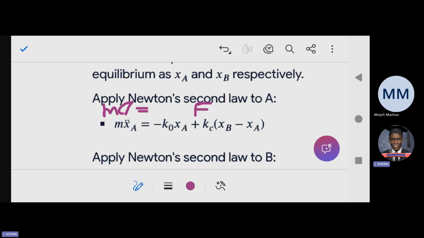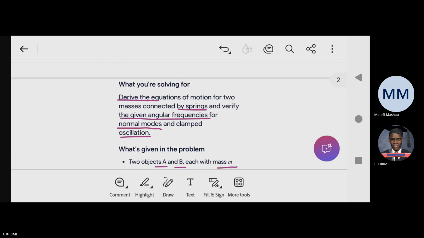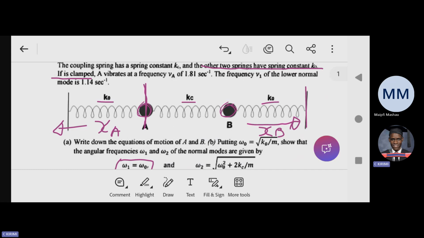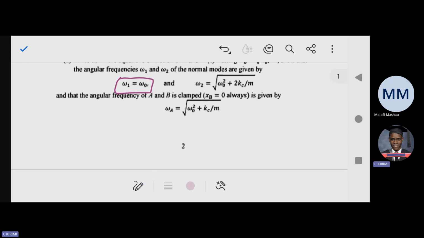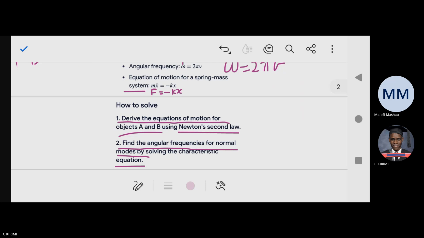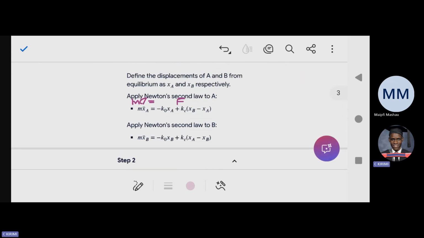Now they are saying the force which is in A, this force which is pulling to the negative side, is the one they are referring to as mass times acceleration in the x direction, which is mass times the position, derived how many times?